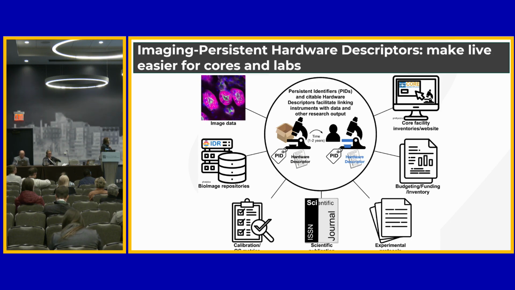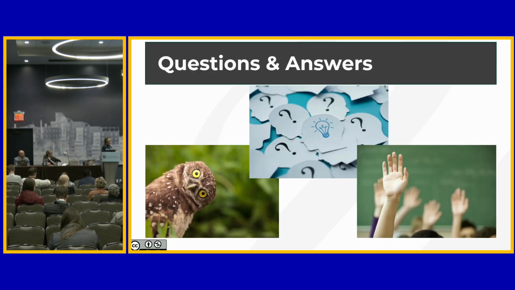So the core facility can have an inventory. They can use this inventory for budgeting and funding. They can be put in experimental protocols and scientific publications associated with the data and with the repositories where the data is going to end up going. So I'm done.